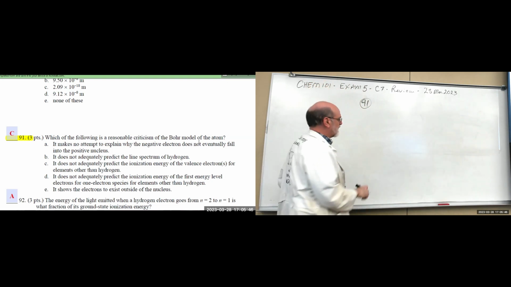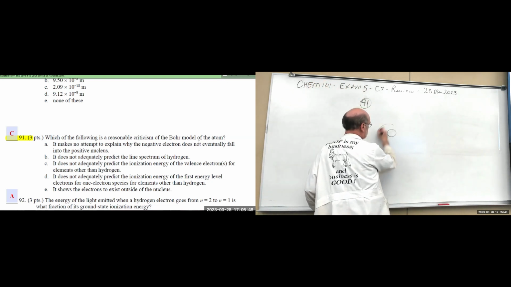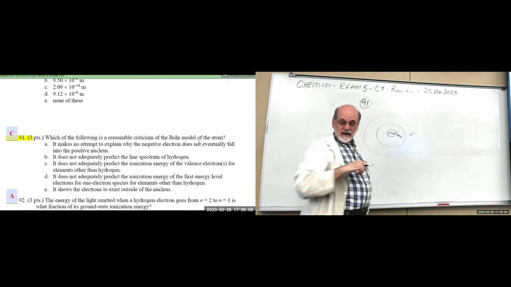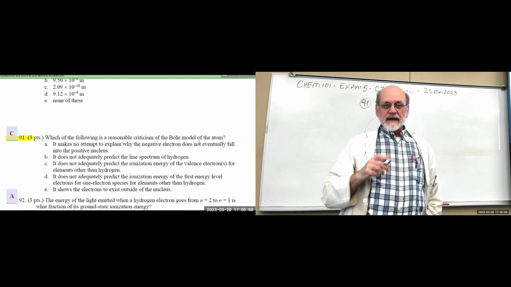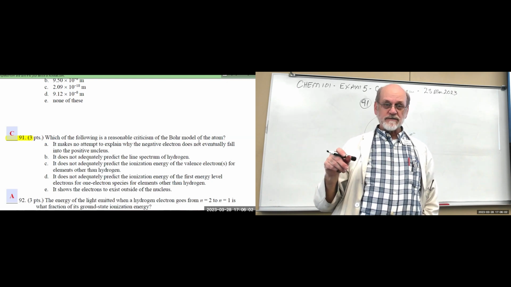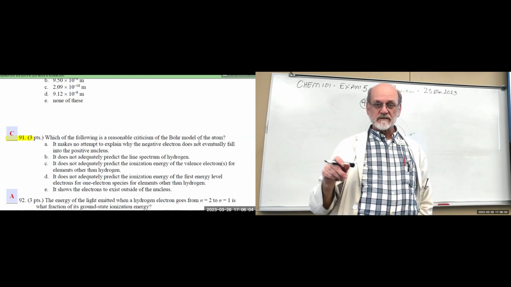Remember, the Bohr model was a planetary model, right? Had the electrons in circular orbits and the nucleus here. Okay. A: It makes no attempt to explain why the negative electron does not eventually fall into the positive nucleus.